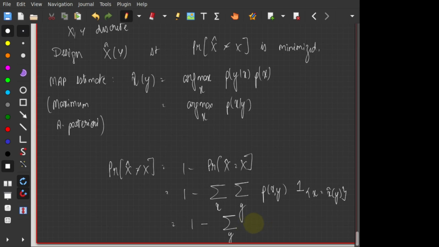This is p of x hat of y comma y, right? Because it's 1 only if x is equal to x hat of y and 0 otherwise. So it's just p of x hat of y comma y.